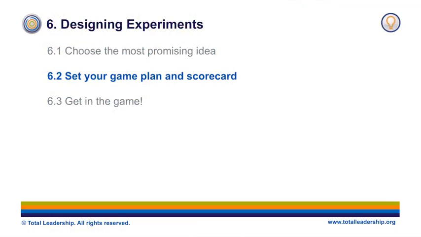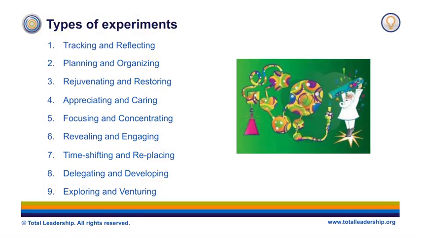In this week's second video, I'm going to talk to you about setting your initial game plan and scorecard for your experiment. As a quick reminder, here's a list of the 9 different kinds of experiments that I described in detail last week. The one you've chosen as the scientist in the laboratory of your life will probably be a combination or a hybrid of 2 or more of these types.